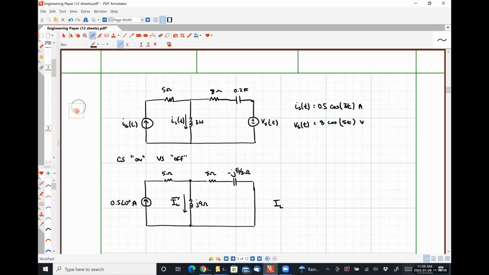So we could say that IL prime is equal to 0.5 amps, or 0.5 angle 0, although it doesn't particularly matter whether or not I include the angle, times 1 over J9 ohms divided by 1 over J9 ohms plus 1 over 8 minus J 5/3 ohms.